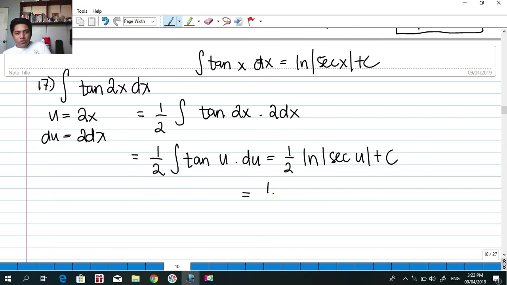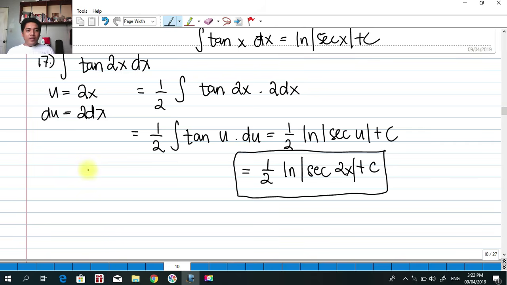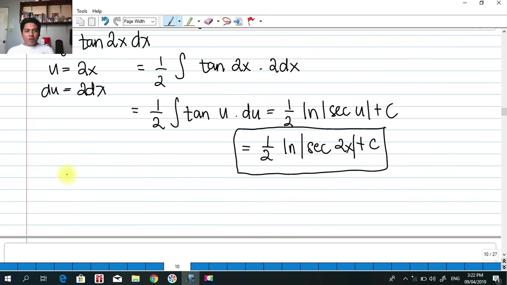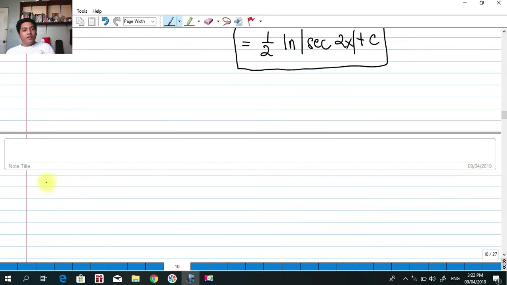And what is that u? 1/2 of the natural logarithm of the absolute value of the secant of 2x plus c. So this shall be our answer. Pretty much simple, right? But if you don't know how to evaluate the integral, or if you don't know integration by substitution, then you'll get lost.